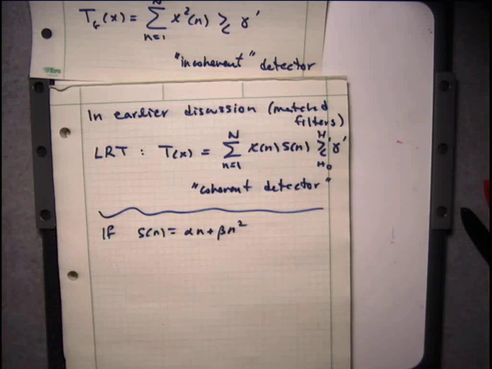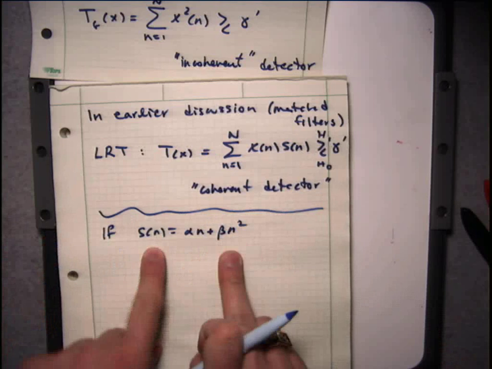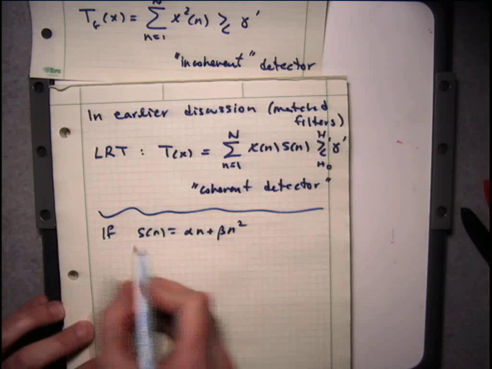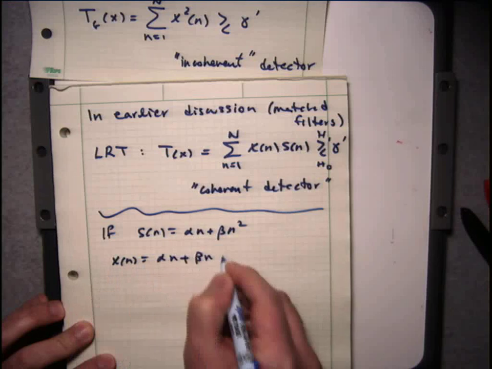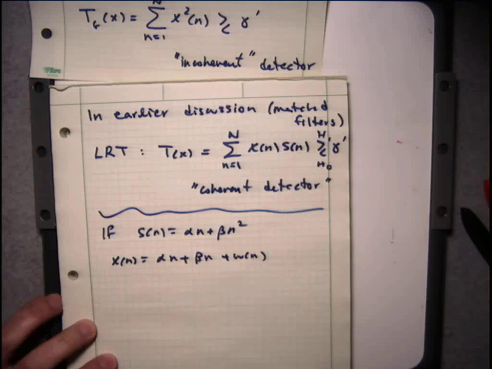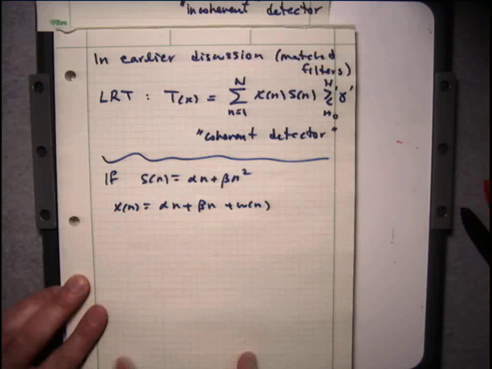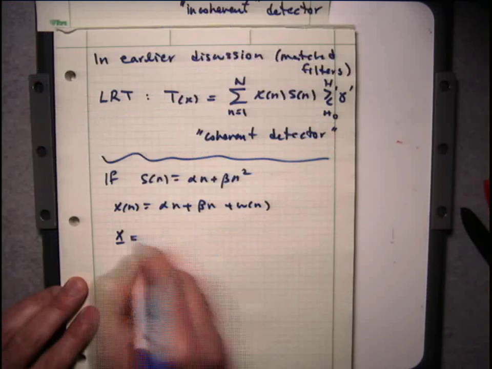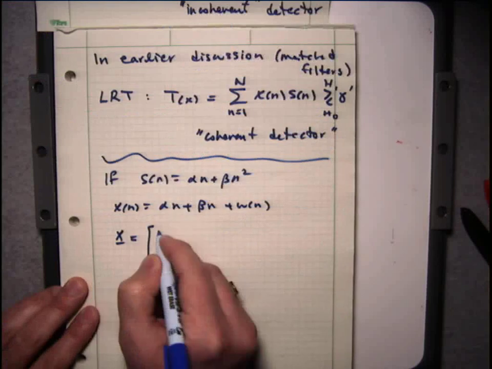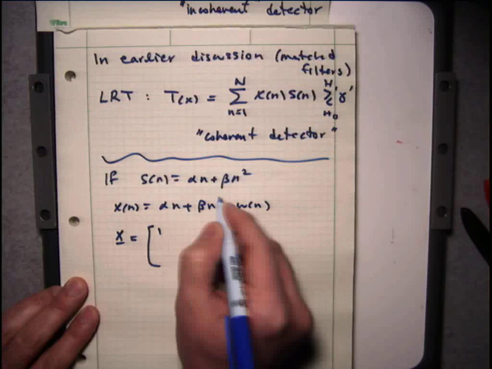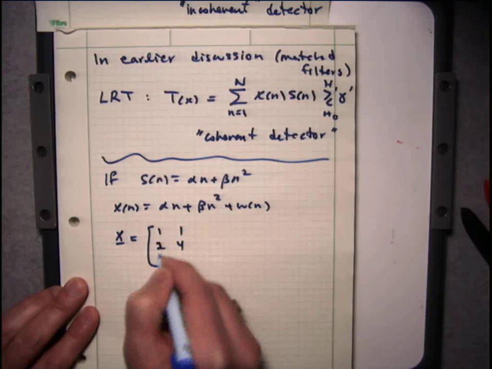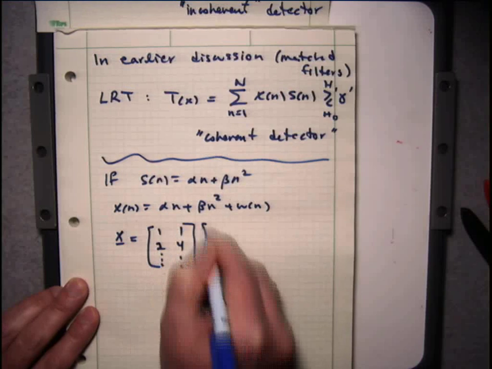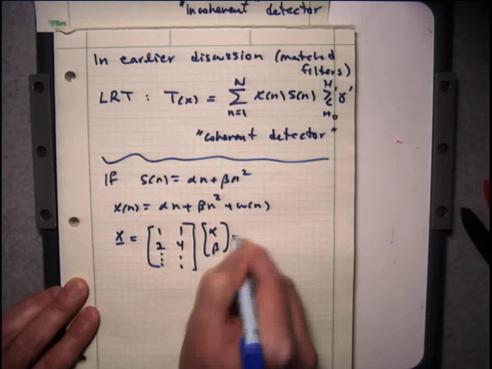Then x of n is alpha n plus beta n squared plus noise, and you would write this out as x equals the matrix with rows 1, 1, 2, 4, and so on, times alpha, beta, plus W.